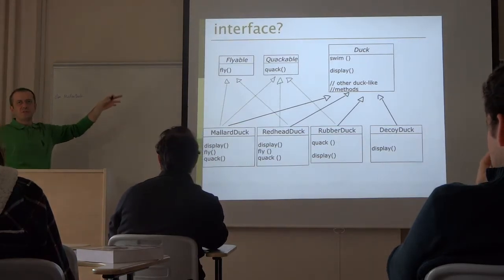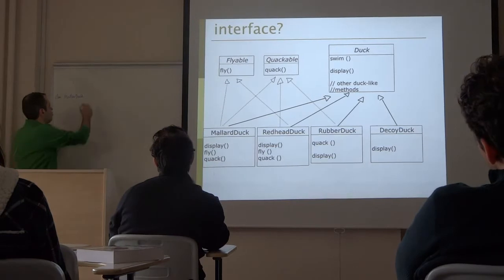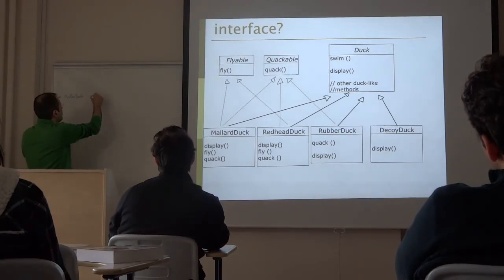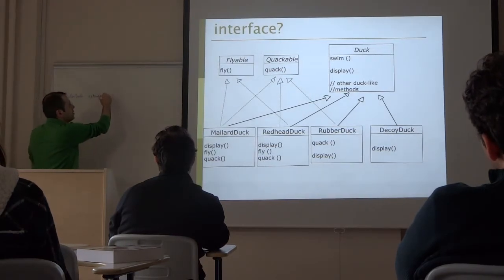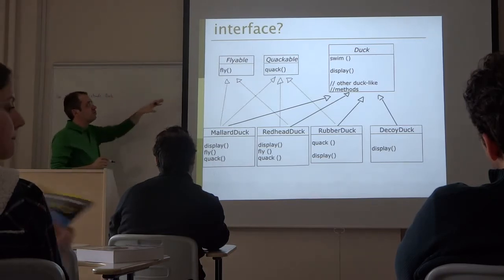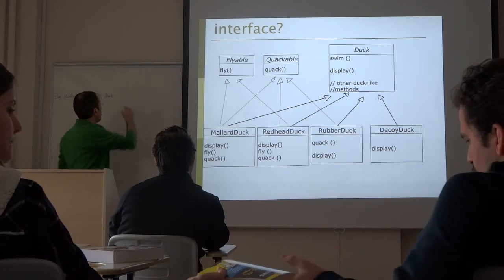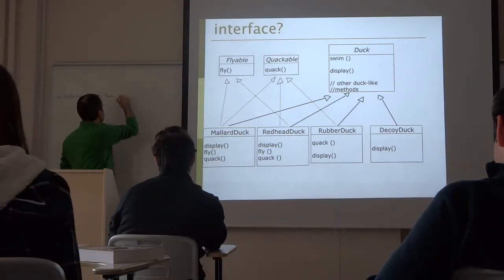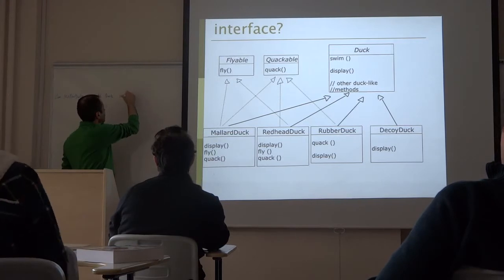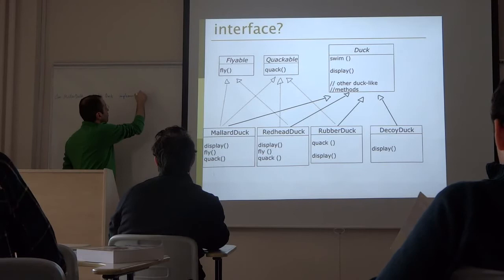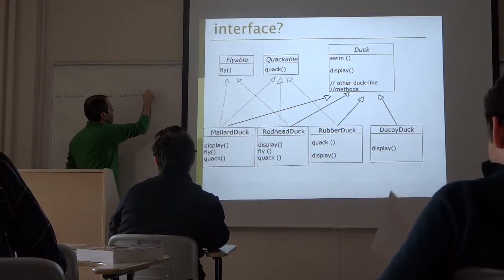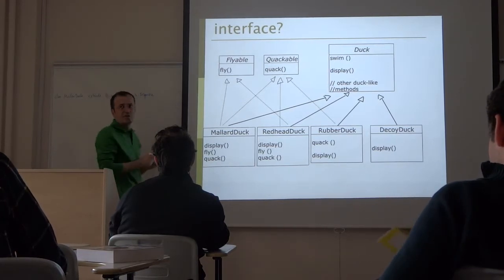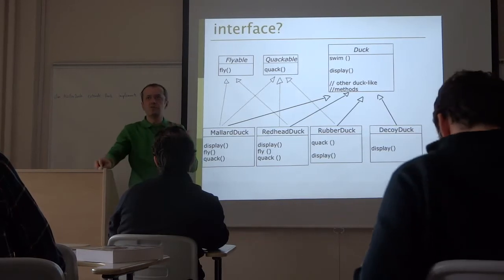This is duck, the abstract class. How do I do this? Do I say this? Am I correct? Yes. And well, it implements flyable and quackable. So what do I do? I say implements. I forget things, you know. Flyable and quackable. So this is what I do.